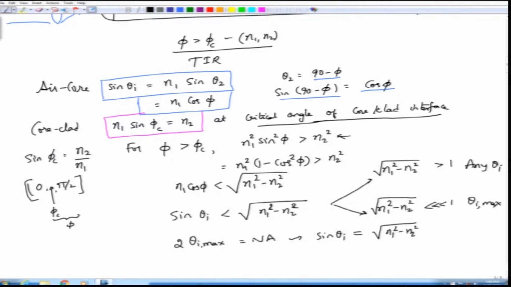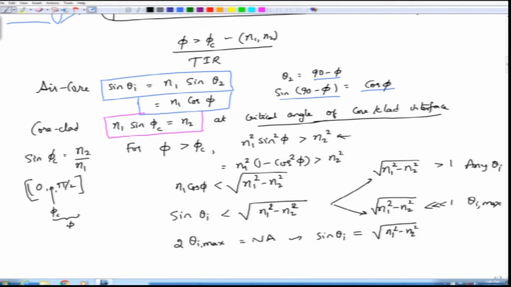Once your angle of incidence becomes greater than the critical angle, then n1 square sin square phi will be greater than n2 square, because sine of the refracted ray here would anyway become equal to pi by 2. I can relate sin square phi to cos square phi, because sin square phi is nothing but 1 minus cos square phi. So, n1 square into 1 minus cos square phi must be greater than n2 square for phi greater than phi c.